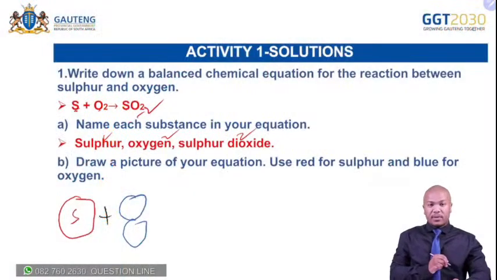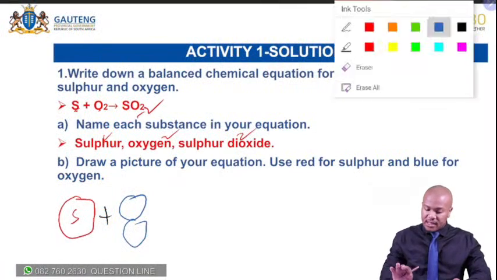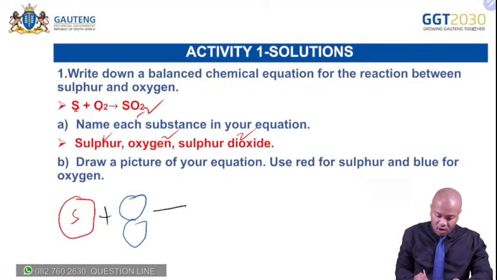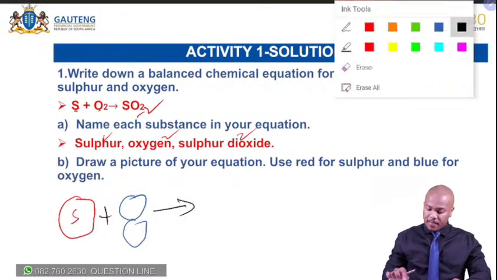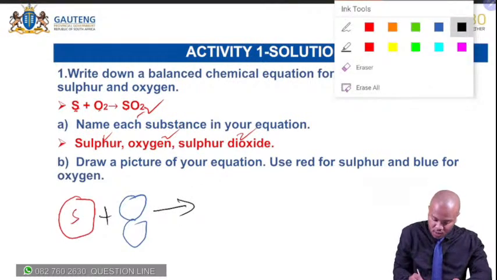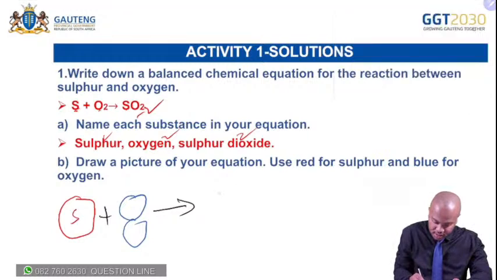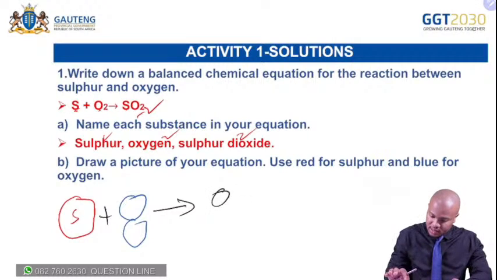We have two oxygen atoms, right? As a result, they form SO2, our sulfur dioxide, right? We have two oxygens. Let's clear the color.